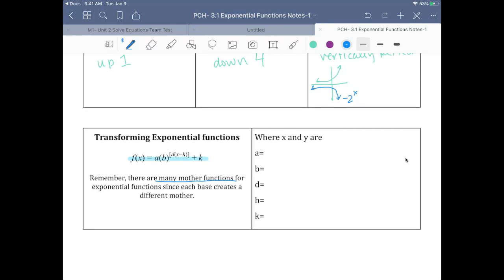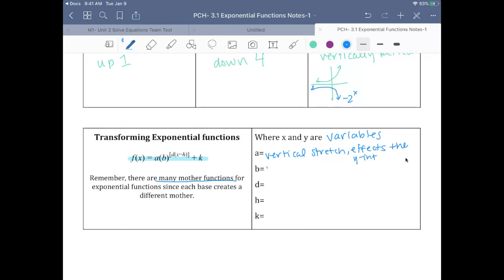Okay, so in the equation, x and y are variables. The a is your vertical stretch. And this affects the y-intercept.